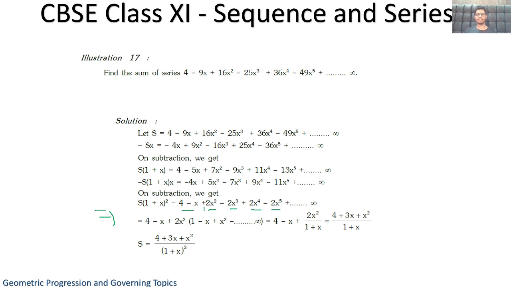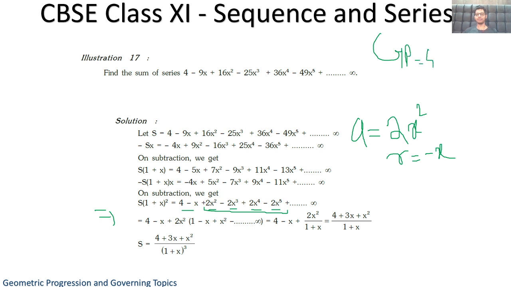Over here we can clearly realize that this is a GP in which the value of A is going to be 2x square and the value of R is equal to minus x. So for any GP, the summation of n terms of a GP is A into 1 minus R to the power n upon 1 minus R.